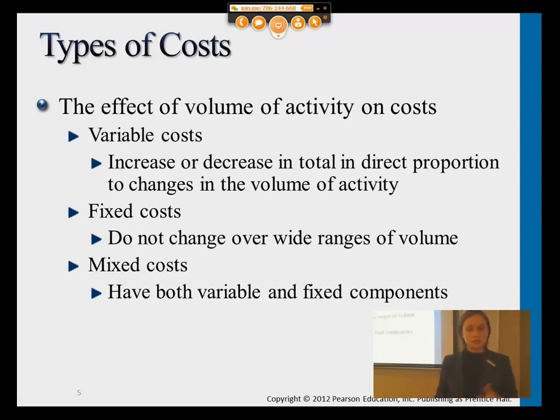So it decreases or increases in total in direct proportion to changes in volume of activity. What does it mean, direct proportion? It means that once your volume of activity goes up, right? Then your costs are also going to go up. The variable costs are going to go up. And when it goes down, the variable costs are also going to go down.